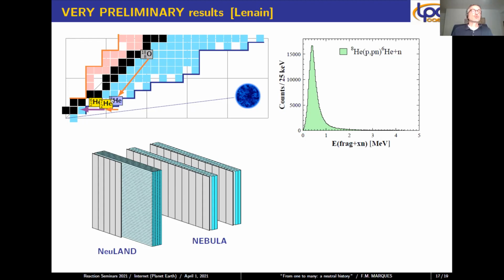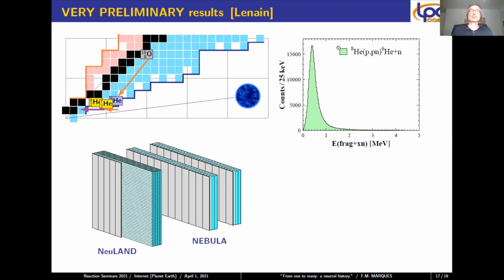But we can also remove 1 neutron and populate helium-7, or 2 neutrons and populate helium-6. And this will let us know if the detectors are working properly. So here you have the neutron detector. These are 2 walls of NEBULA and 1 wall of NeuLAND. In total, you have these scintillator bars, you have 520 bars in total.